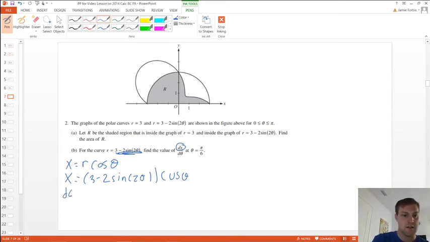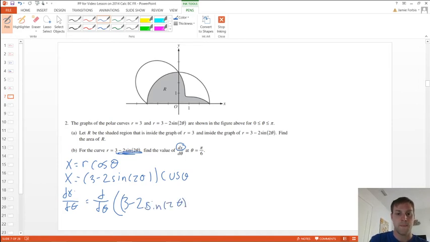So dx over d theta is equal to the derivative of this equation with respect to theta. So (3 minus 2 sine 2 theta) times cosine of theta. Okay. And we're evaluating that at theta equals pi over 6.